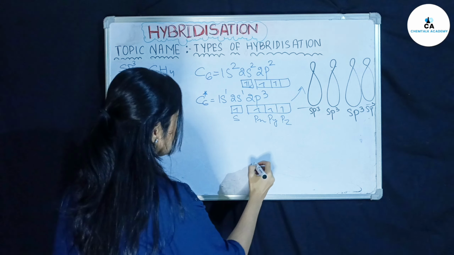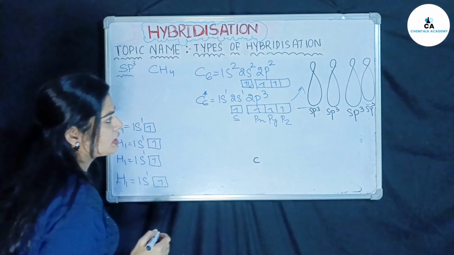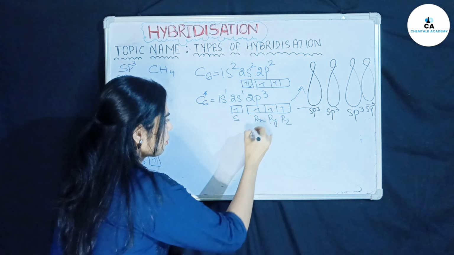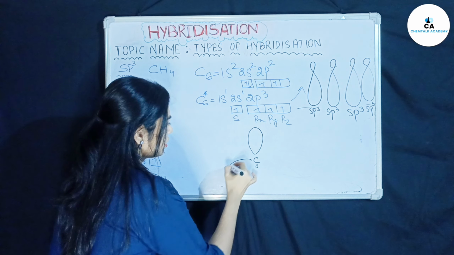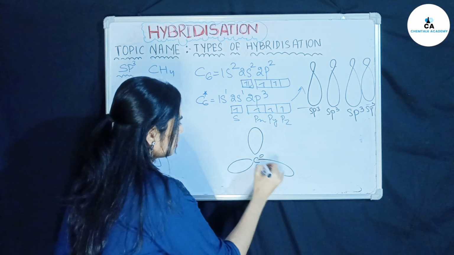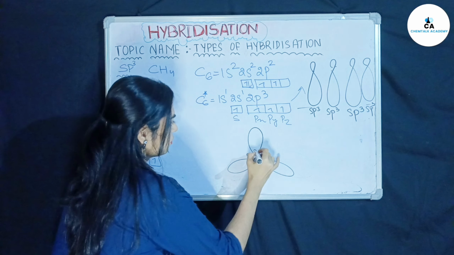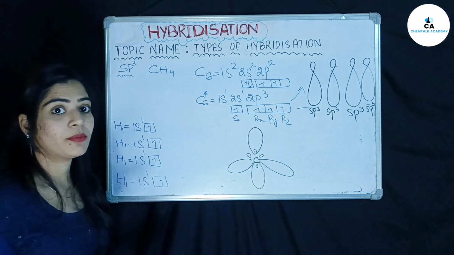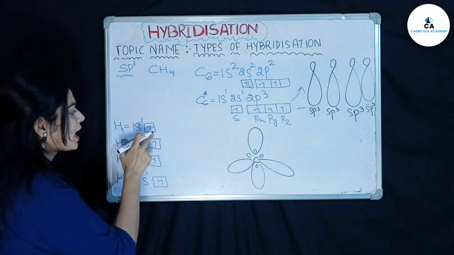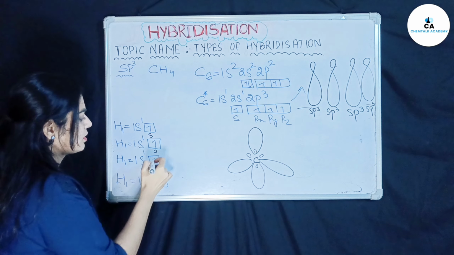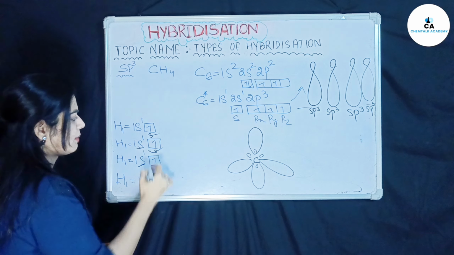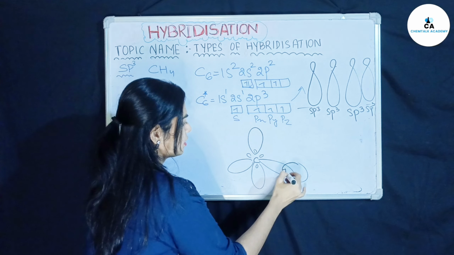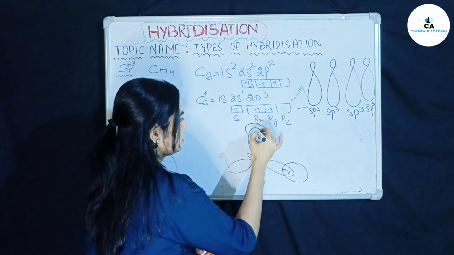Let's go for the structure. Which one is the central atom? Carbon is the central atom. How many hybrid orbitals are there? Four hybrid orbitals: 1, 2, 3, 4. Now which atomic orbital of hydrogen is overlapping? s. The s shape is spherical. So let's go for the overlapping.